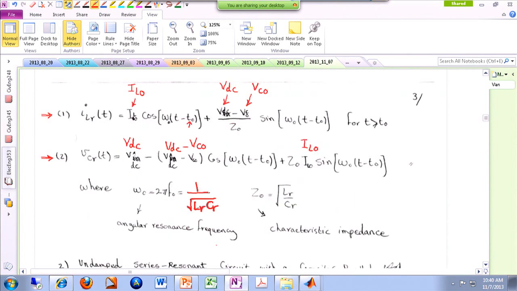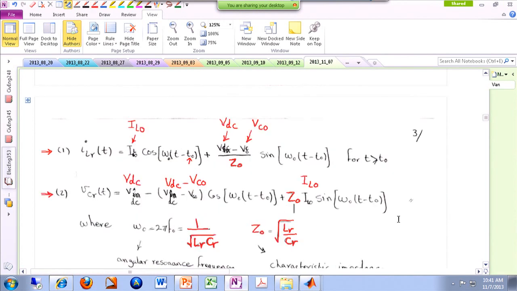And then Z naught, which is called the characteristic impedance, which is the square root of LR over CR. So we define these two basically parameters. For instance, Z naught appears here. Z naught appears here as well. And please remember, Z naught is not a complex number anymore. Z naught is just the magnitude of that impedance. So it's not a complex variable.